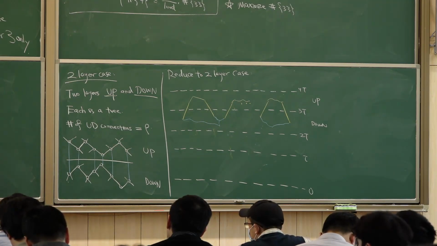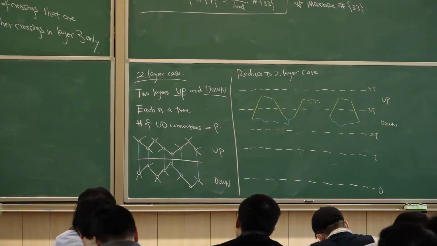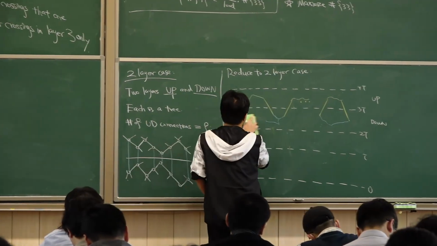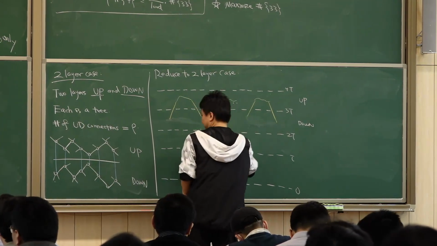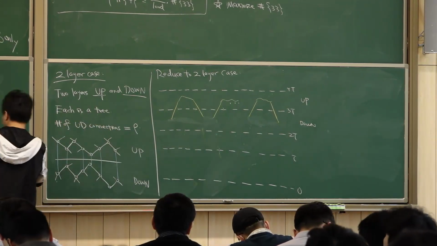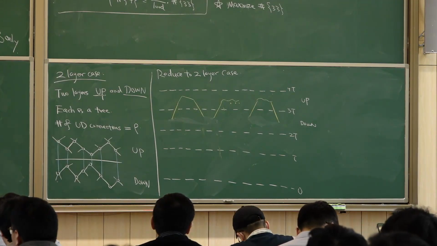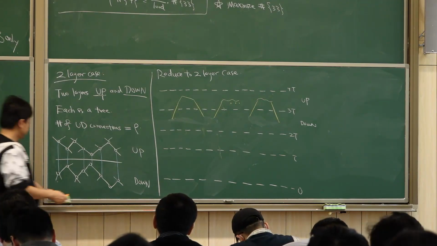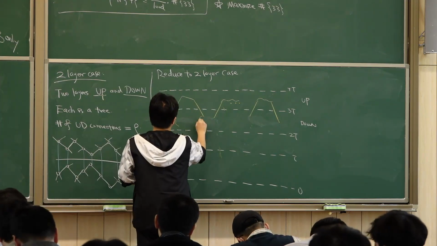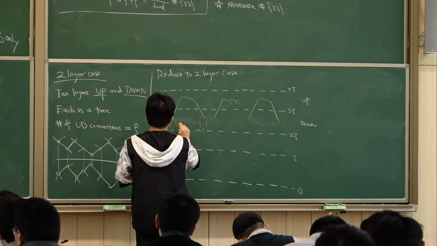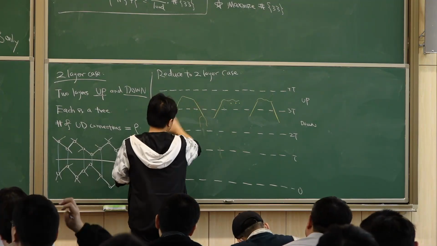So actually, let's say they are not connected in lambda 3, in layer 3. Fine. Taking up other branches is fine, but then they are not connected to each other in this layer.